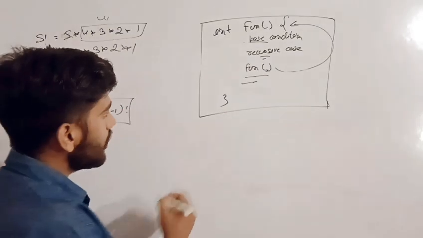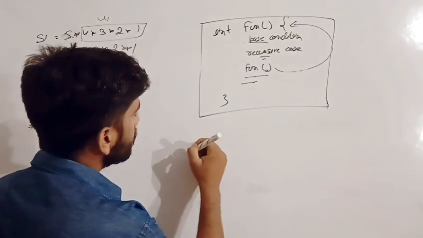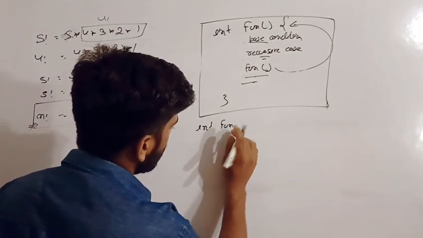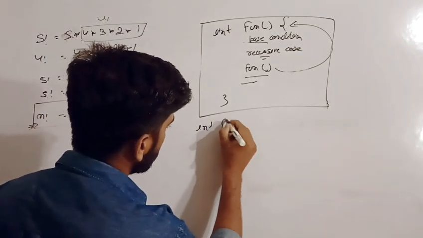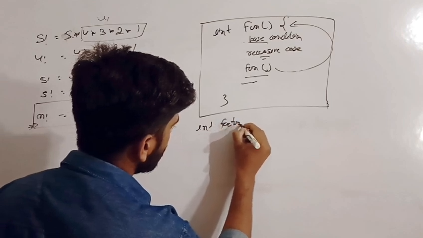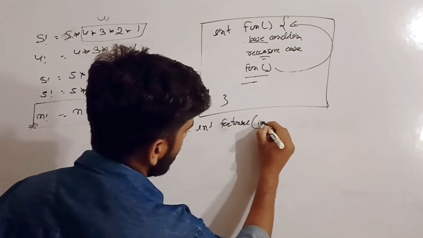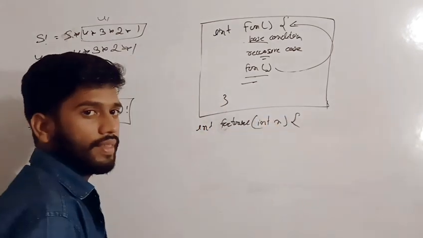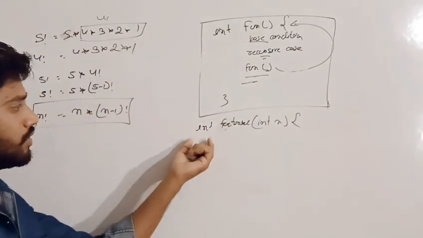Now here we will implement int factorial, and we have to pass int n. Then the base condition.